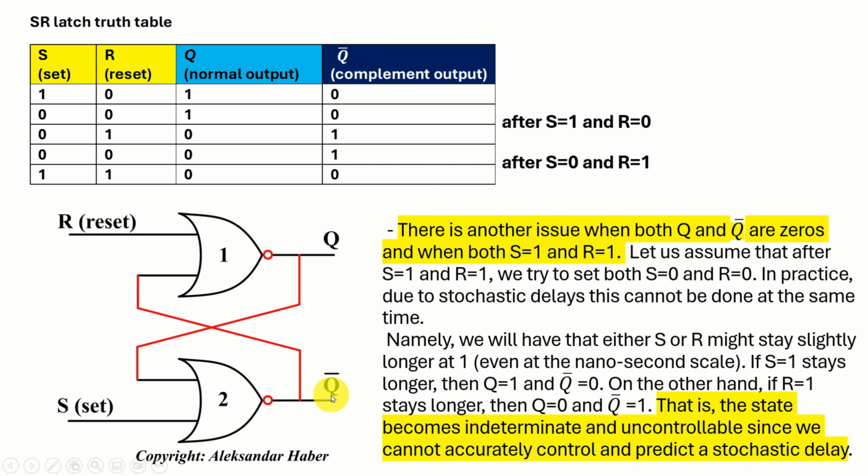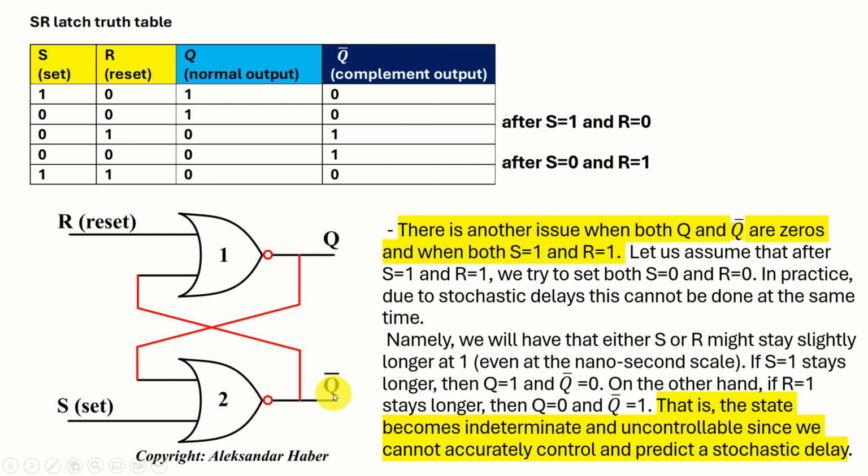On the other hand, let us assume that R is equal to 1 stays longer compared to S is equal to 1. That is, there is a short time period when R is equal to 1 and S is equal to 0. If this happens, then we will have that Q is equal to 0 and Q bar is equal to 1.